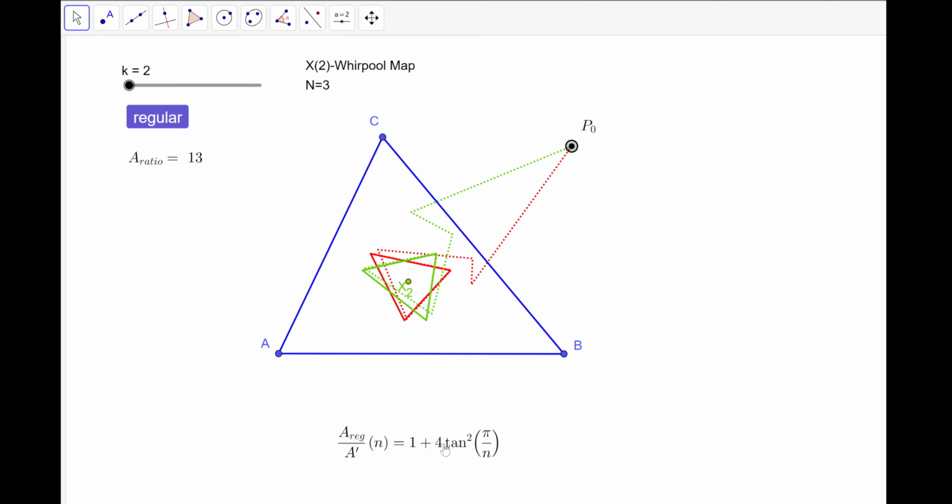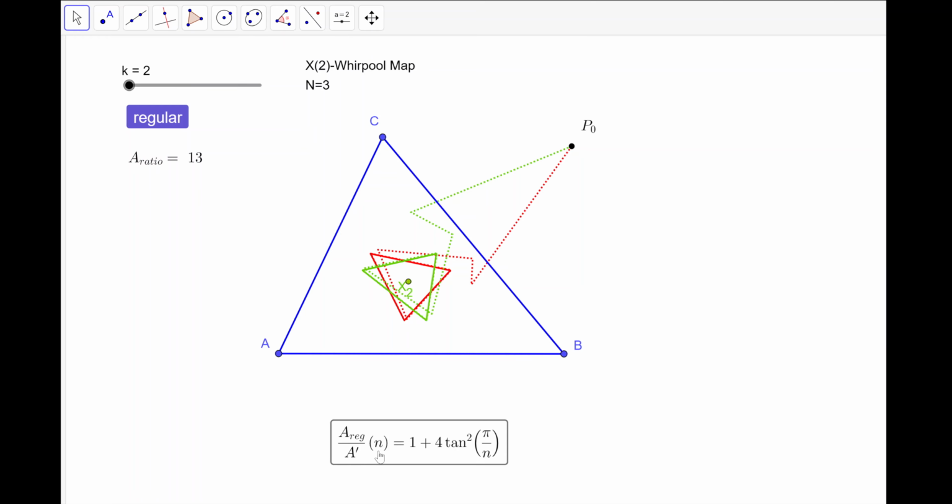Now, I'm showing down here a beautiful formula that was derived by Mark Helman, and that gives you this area ratio for any n-gon which is regular. So this A sub reg here represents the area of a regular n-gon, and the A prime is the area of one of the two terminal polygons, which is also going to be regular.